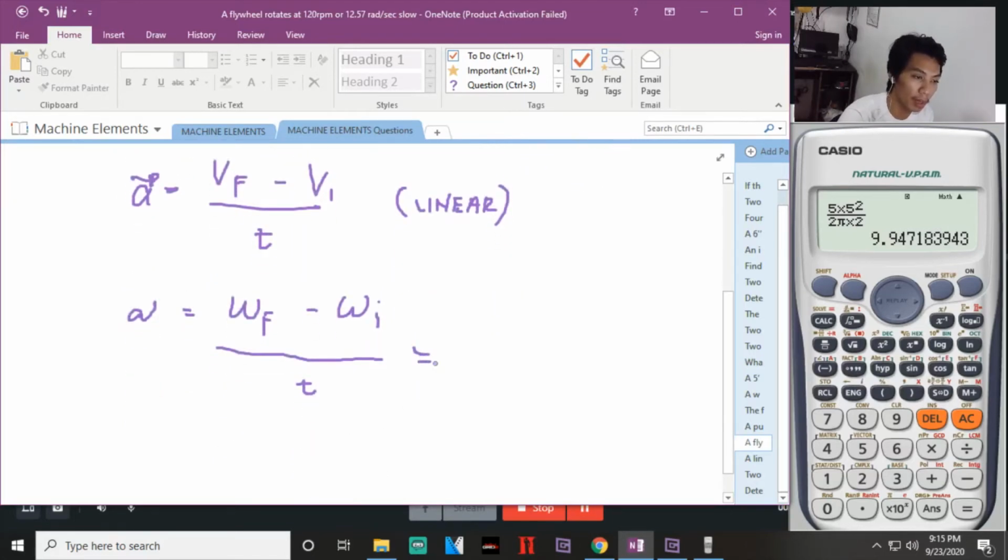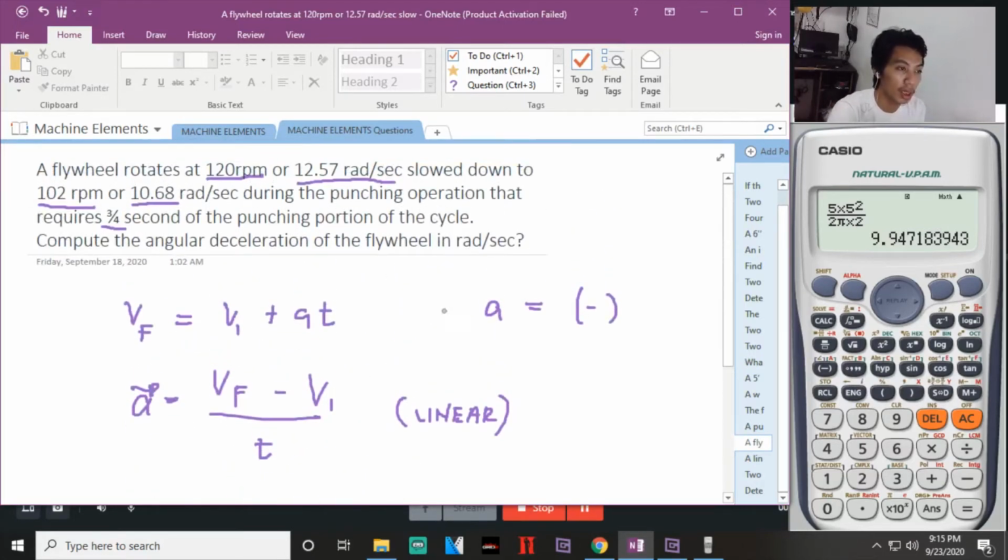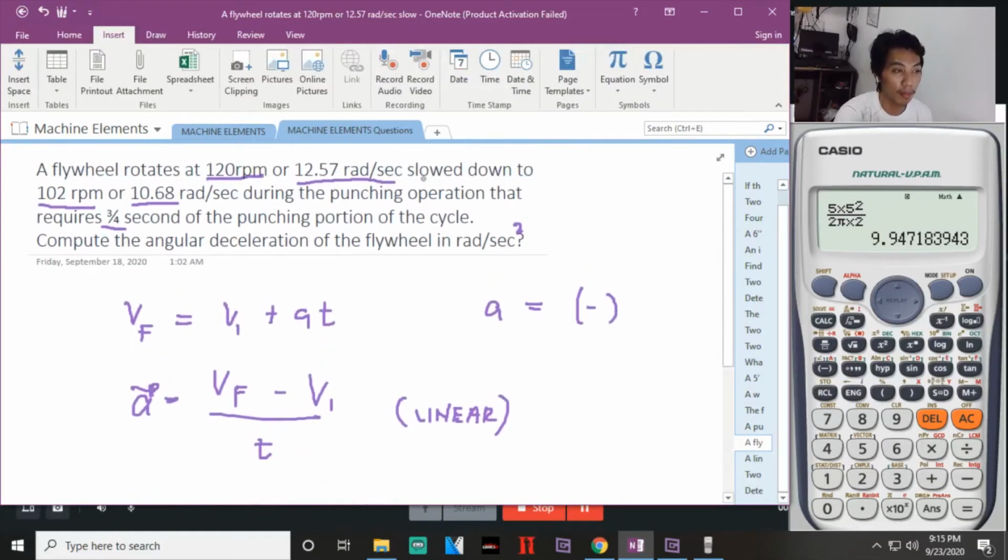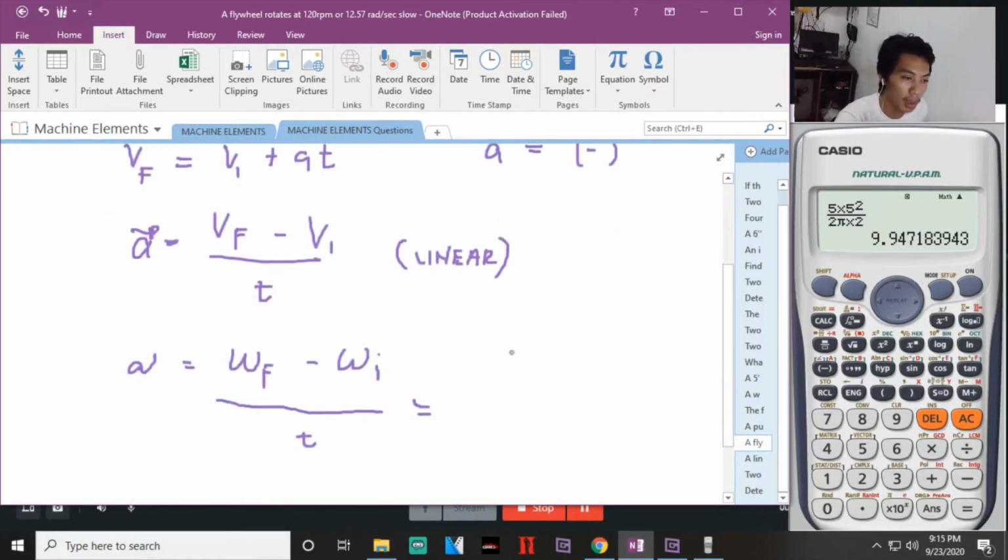Now, pwede nating masolve. Yung omega, ano ba tinatanong dito? In radian per second, per second square dapat to. So, 12.57 yung 1, slowed down to 10.68.